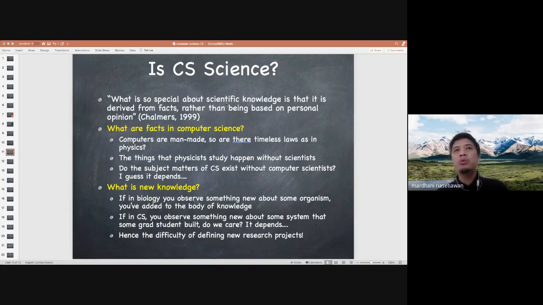So everyone, even a student or a common person or a community, has the same opportunity to have their own personal opinion about the facts, and it can become science, it can become scientific knowledge.